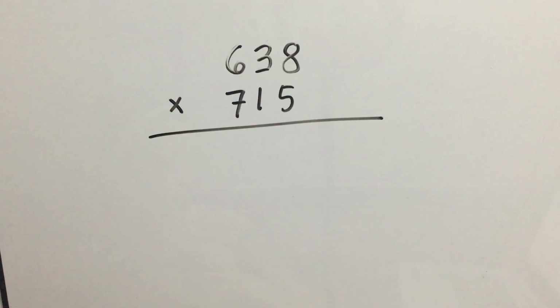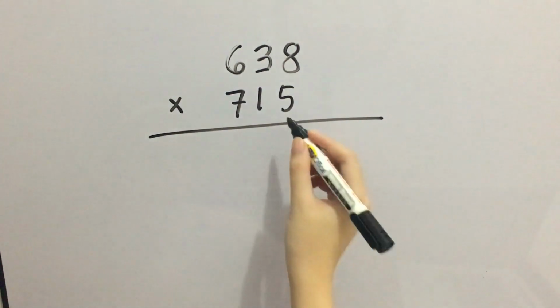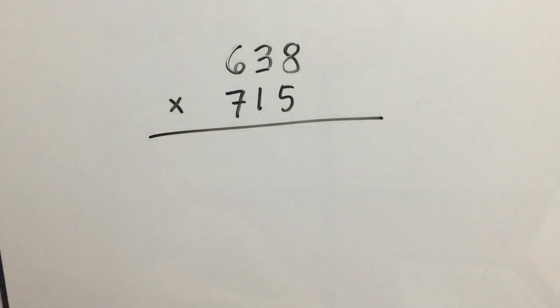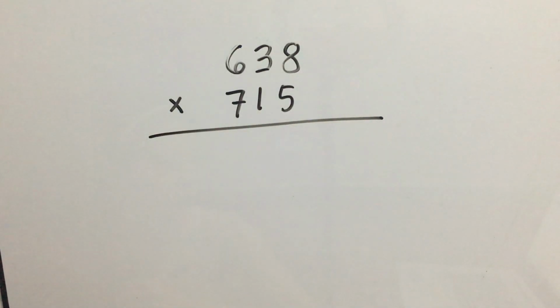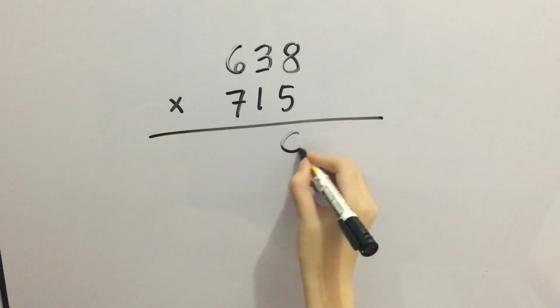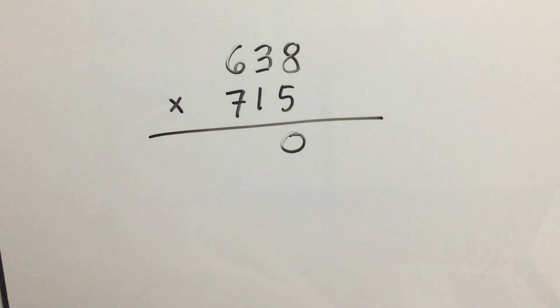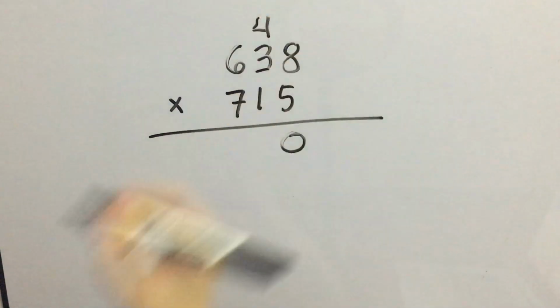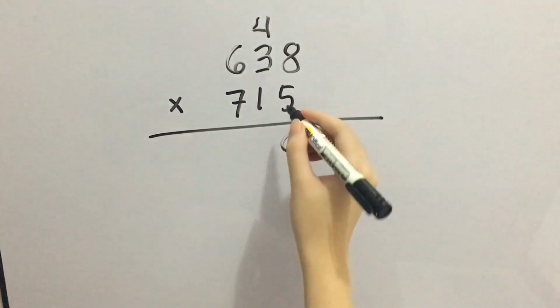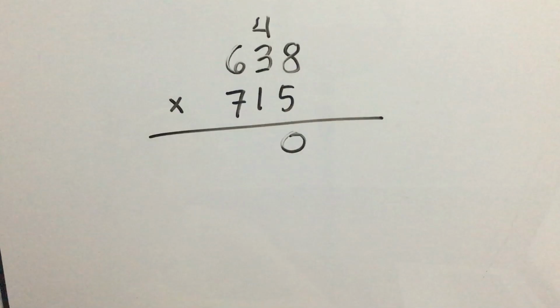For step 1, we will multiply the ones digit of the multiplier, which is 5, with all the digits of the multiplicand, then regroup if necessary. 5 times 8 is 40. Now we write 0 in the ones column and carry 4 in the tens place. 5 times 3 is 15.